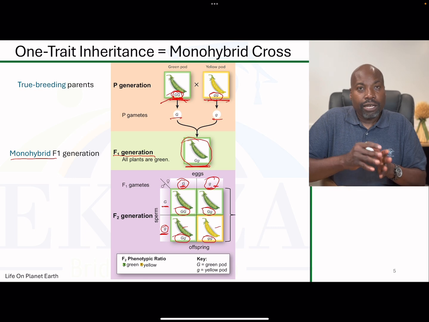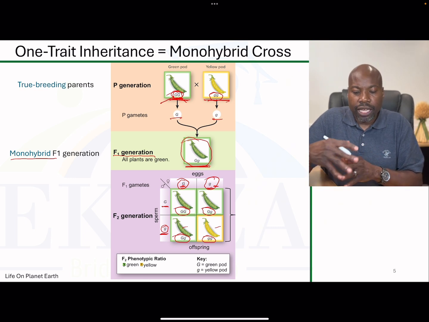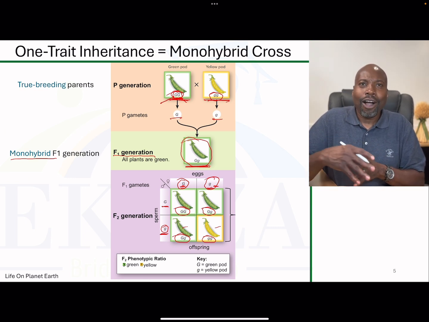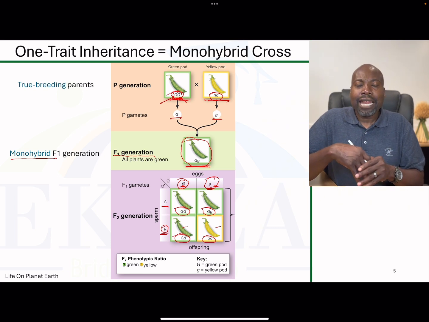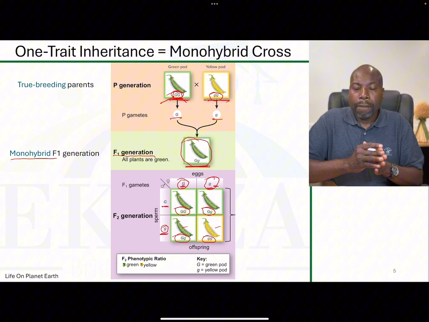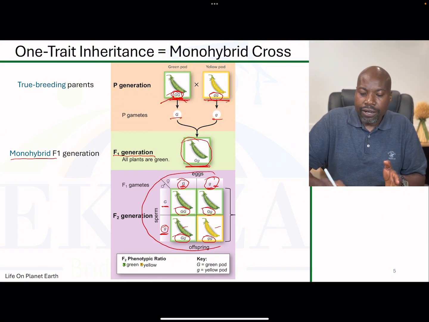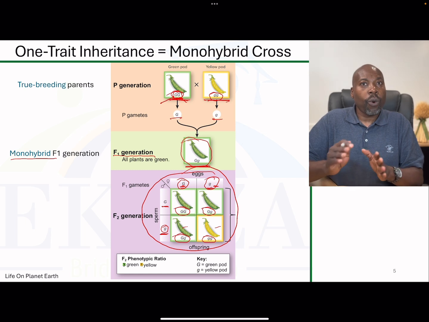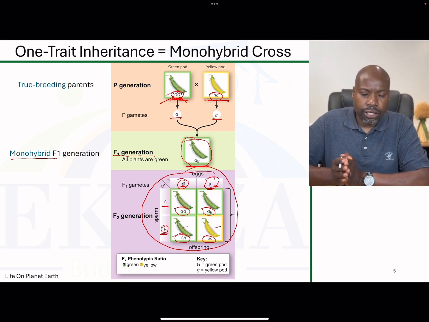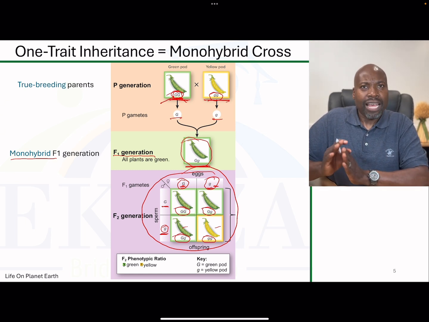Now, in reality, in the work I'm showing here, there is a mix of what Mendel did and what some other people did, including a guy called Punnett. And actually what you see right here is what we call the Punnett square. But I'm not going to bug you with that detail.